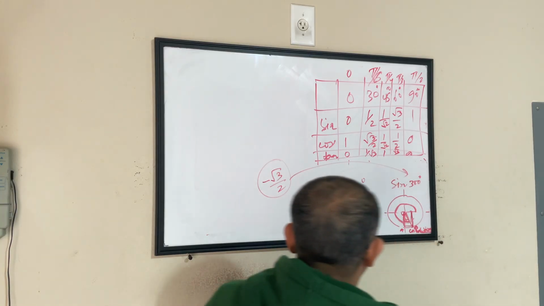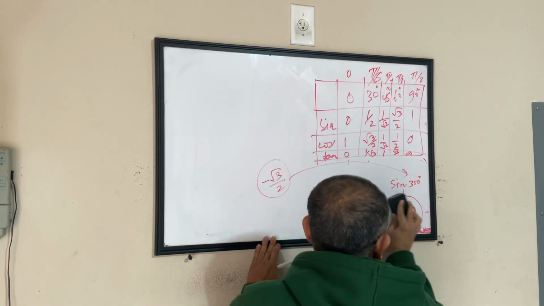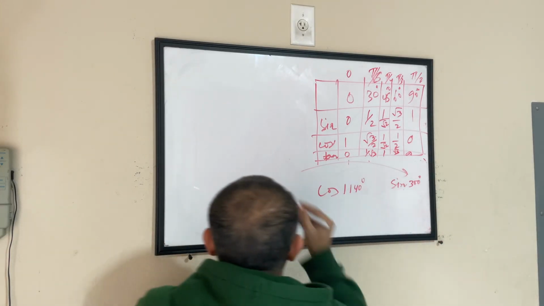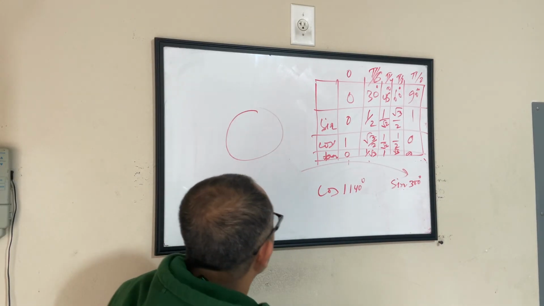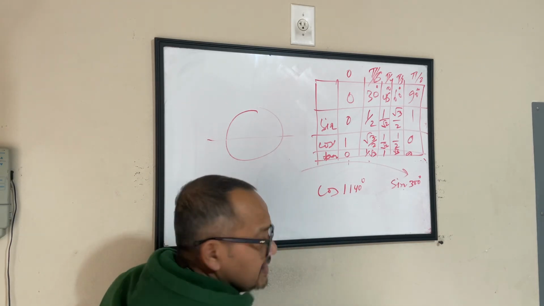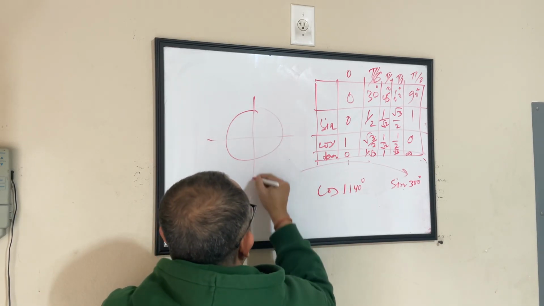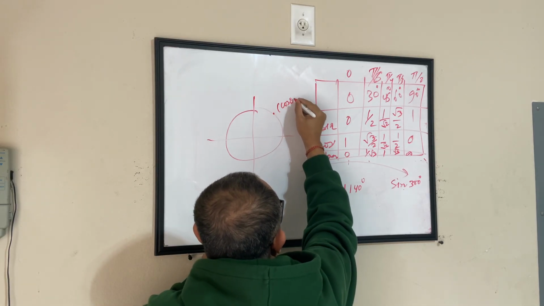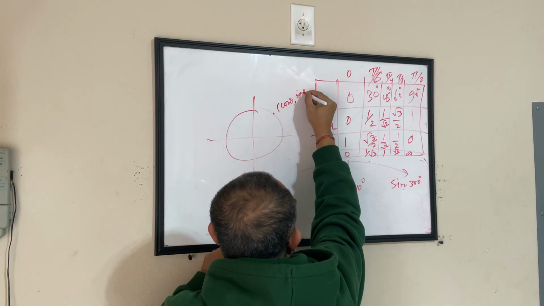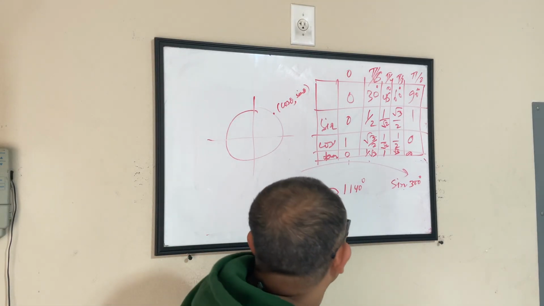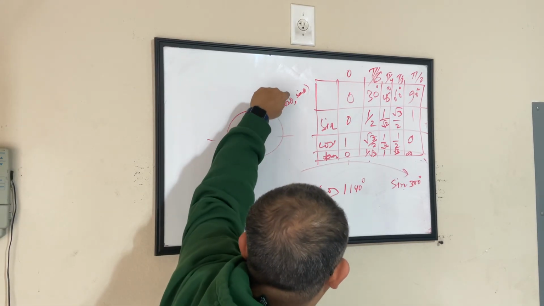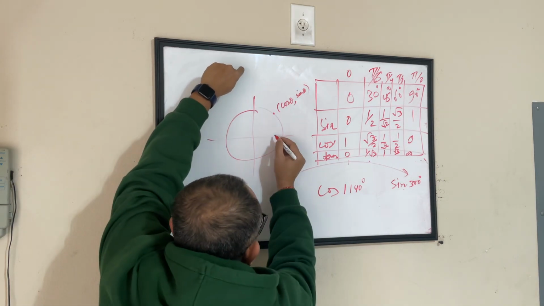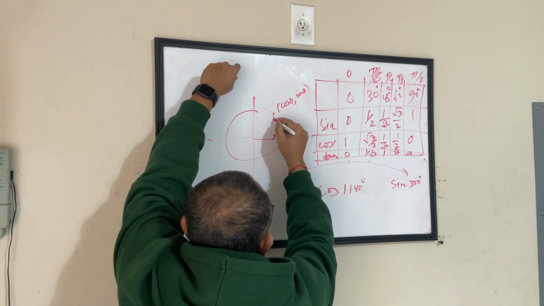Okay. So sine 300 is what we were trying to find out the value for. I'm just going back to my unit circle. Where exactly is sine 300? If I'm talking about a unit circle, any point on the unit circle, the x and y coordinates are cos theta, comma sine theta. This is what we know from a unit circle. Any point on the perimeter, the x coordinate is cos theta, y coordinate is sine theta, meaning the distance from here to here is cos theta, here to here is sine theta.